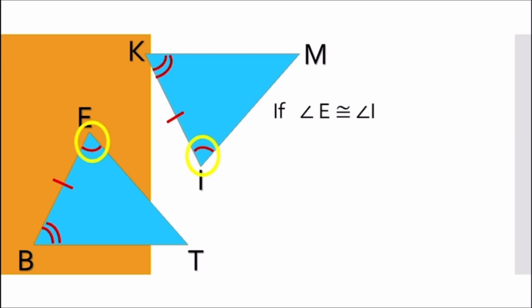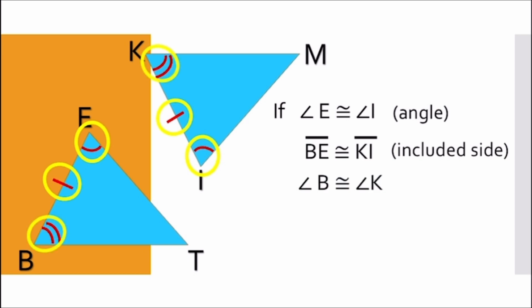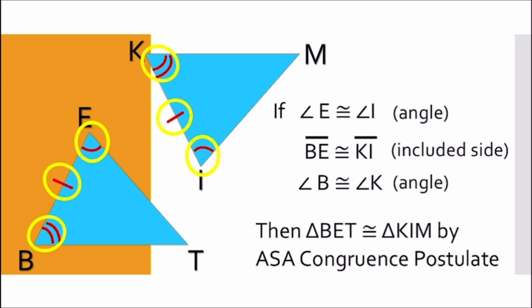If angle E is congruent to angle I, which is our first pair of congruent angle, next, line segment BE is congruent to line segment KI, which is our pair of included side, and angle B is congruent to angle K, which is our second pair of congruent angle, then triangle BET is congruent to triangle KIM by ASA congruence postulate.